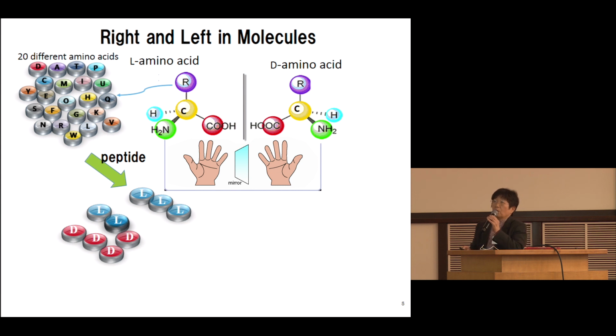And so on the primitive Earth, amino acids combined with each other to make short peptides, like L-only peptides, D and L mixed peptides, and only D peptides.